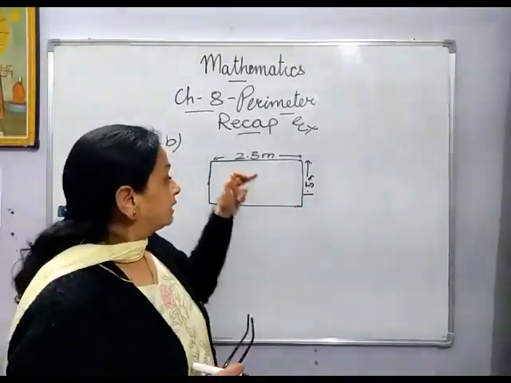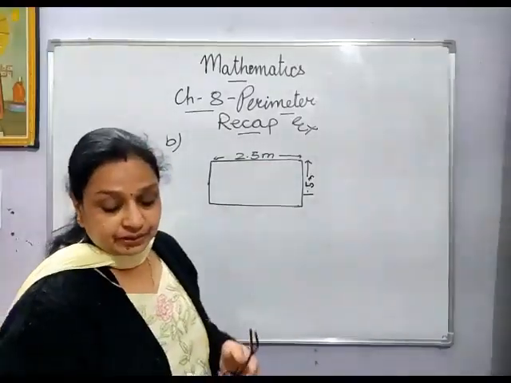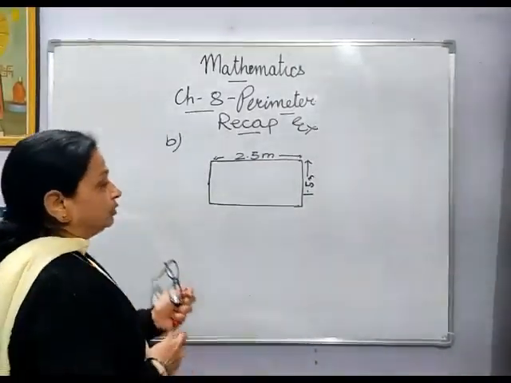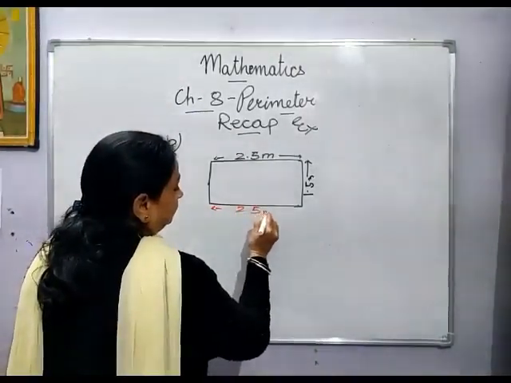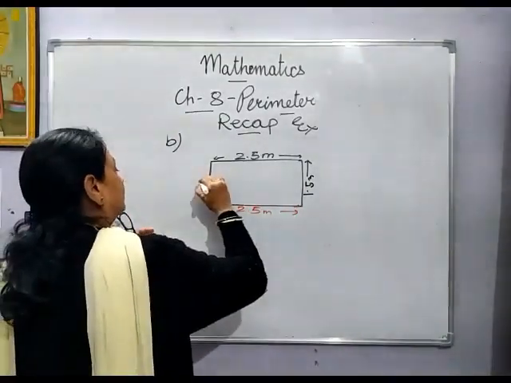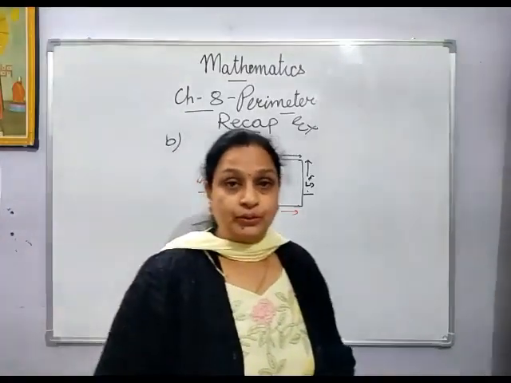What do you mean by rectangle? That the opposite sides are equal. If this is 2.5 meter, then this will also be 2.5. If this is 1.5, then this will also be 1.5 meter. Could you get it?